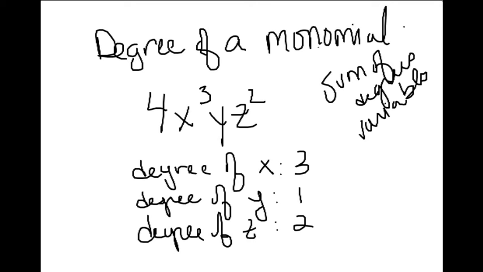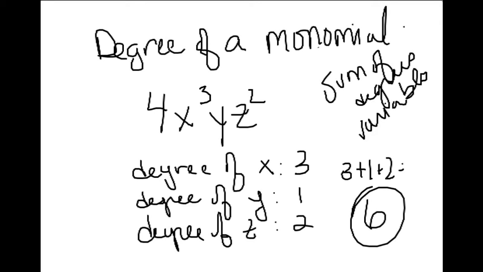So in our example here, it's 3 plus 1 plus 2, which equals 6. So the degree of a variable is individual variables. The degree of the monomial is the sum of those variable degrees.